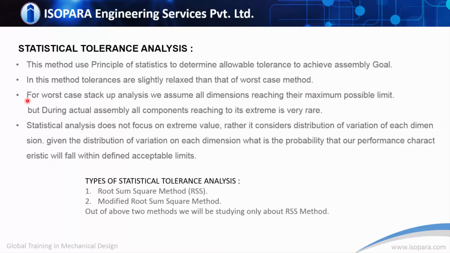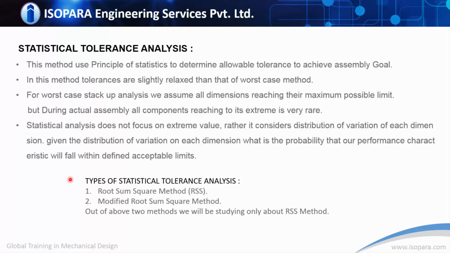For worst case methods, we assume that all contributing dimensions have reached their extreme and all components with such extreme dimensions were assembled together in a given assembly. But in an actual scenario, such a case is very rare to occur. During actual assembly, such a scenario is very rare to happen.